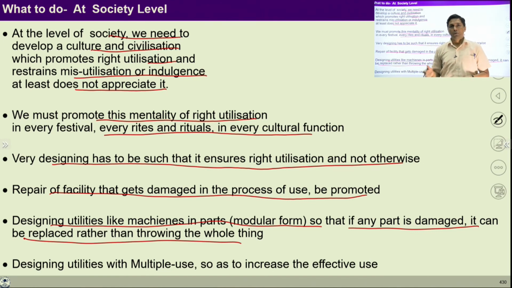Rather than promoting this use-and-throw culture, we can design things to reuse again and again. Then we can design utilities with multiple uses so as to increase the effective use. So all these things can be done at the level of society.